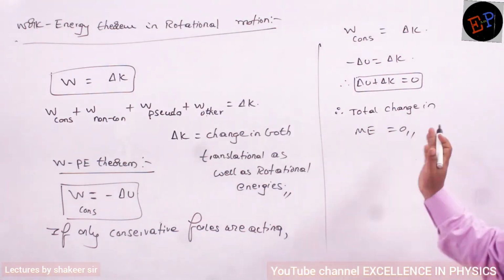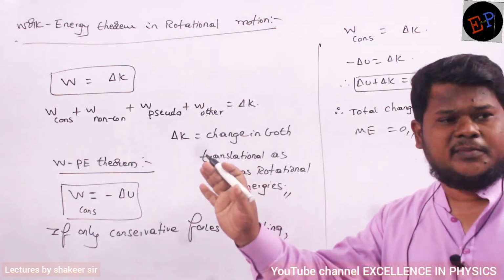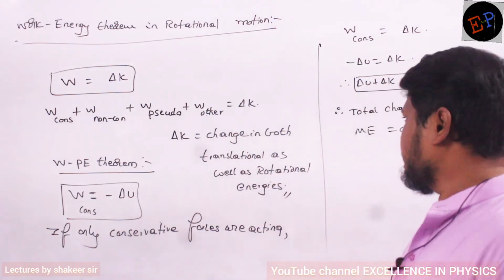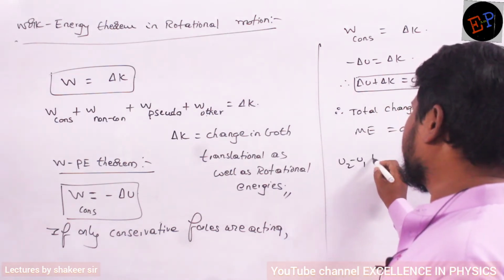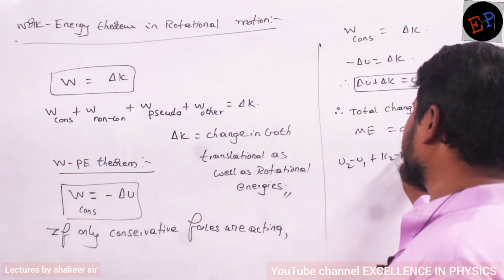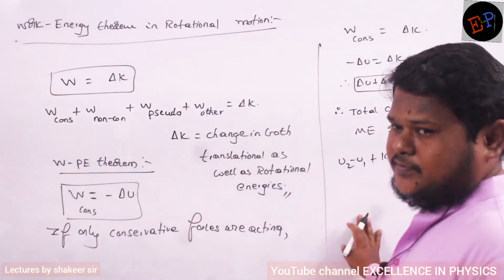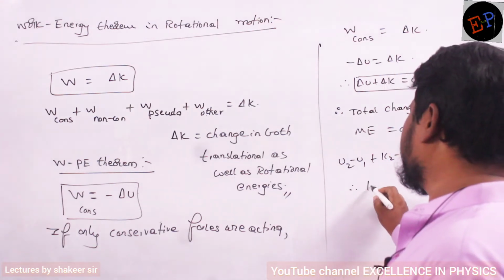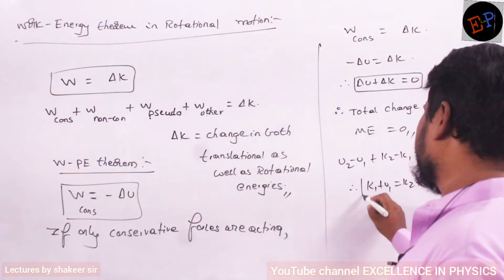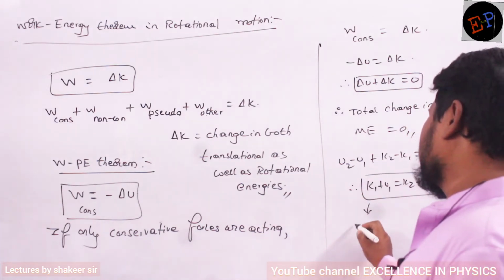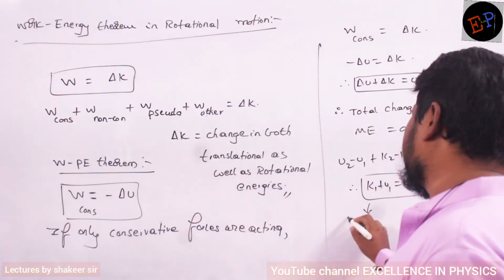So there is no total change in mechanical energy. It means mechanical energy remains constant. Clear now? So this equation I can also write as u2 minus u1 plus delta k, which is k2 minus k1, total equal to 0. Therefore I can write k1 plus u1 is equal to k2 plus u2. What is the meaning of this? This is the total initial mechanical energy.